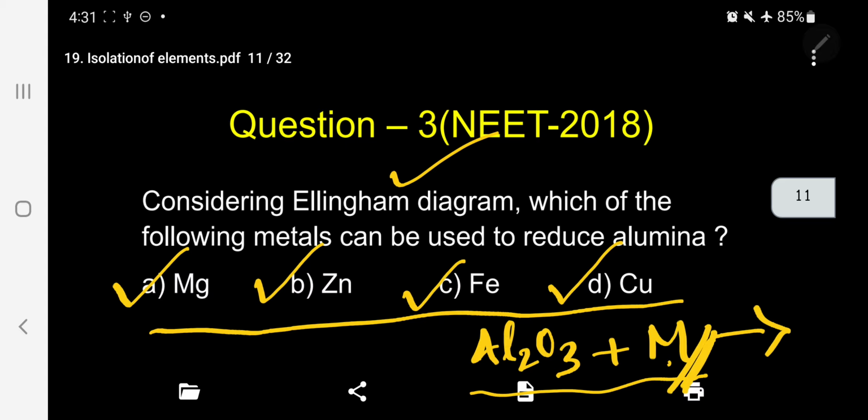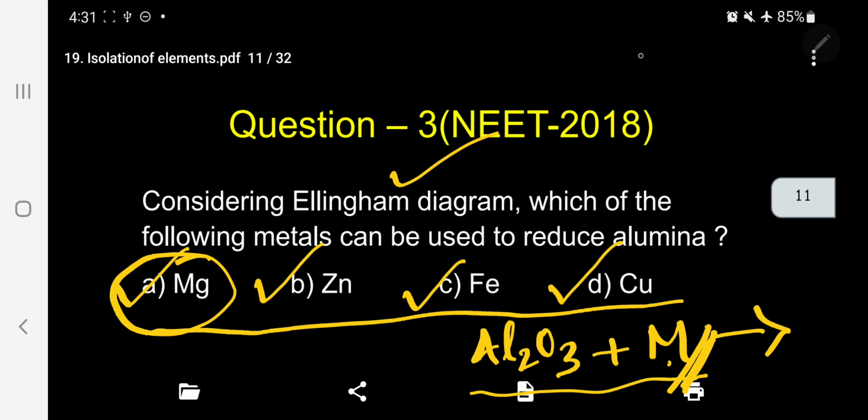Among the four, which is more basic? According to my knowledge, magnesium may be the correct answer, because alkali and alkaline earth metals are more basic than zinc, iron and copper, which are transition elements and p block elements.